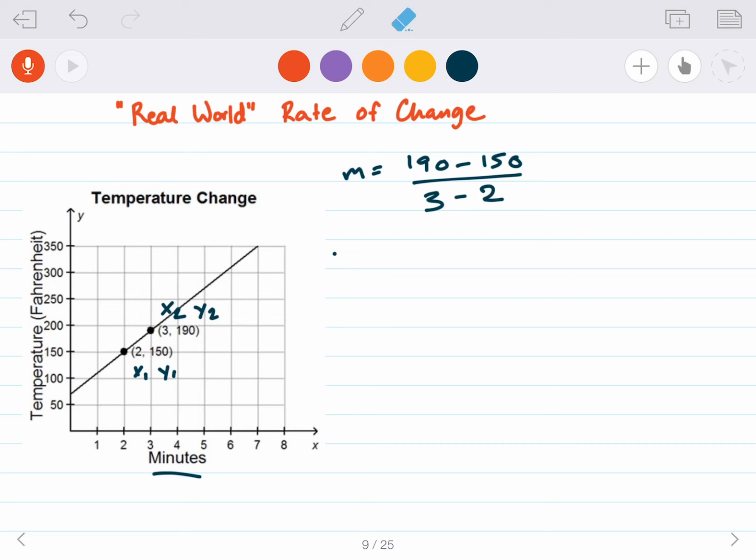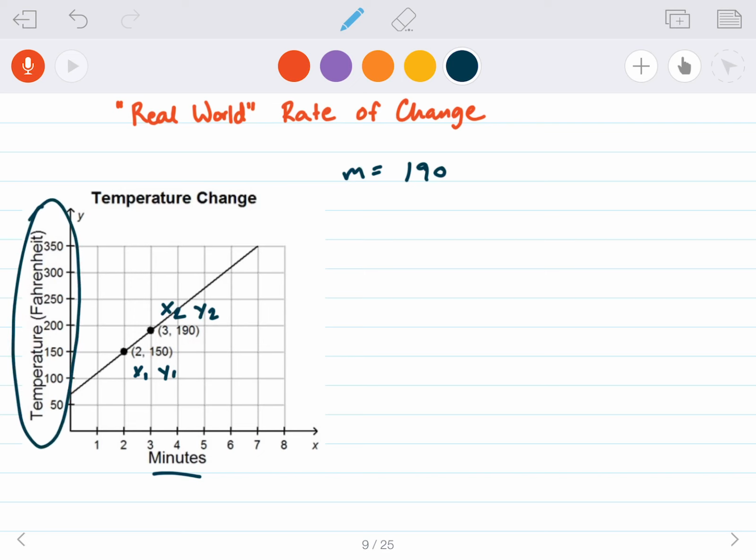Now, I'm going to put my units in here. 190 what? Our y values are in degrees Fahrenheit, so this is 190 degrees Fahrenheit minus 150 degrees Fahrenheit.